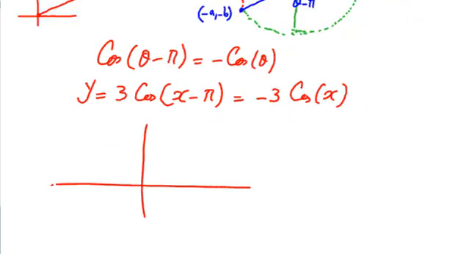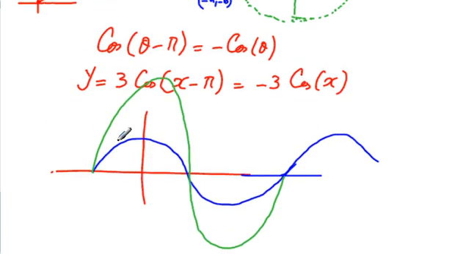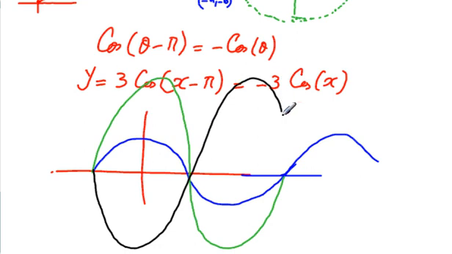I graph my cosine. Here's my cosine. I take it, stretch it by a factor of 3, and what else should I do? How do I affect this negative? Flip it upside down. So here is minus 3 cosine of x.